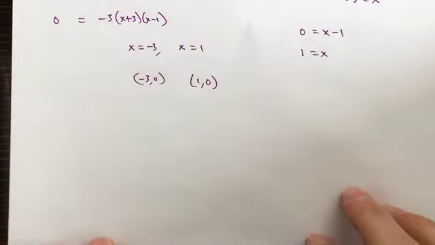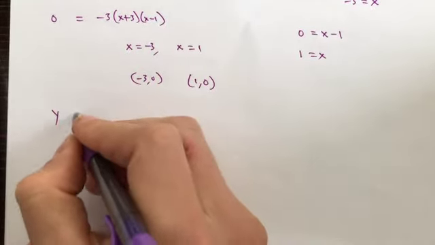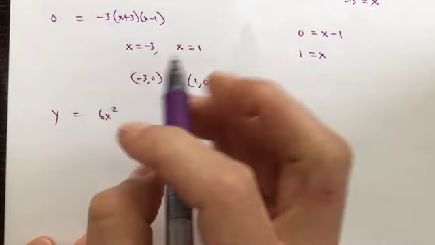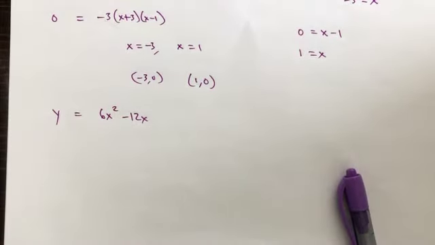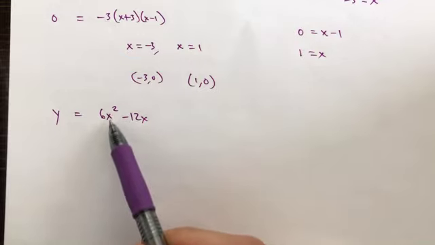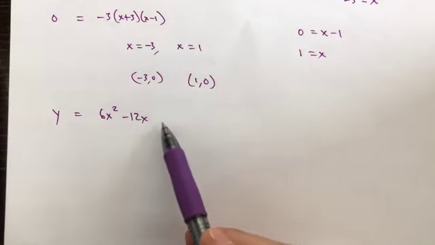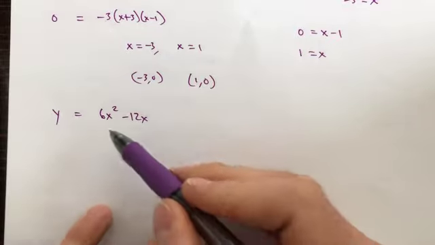Another type of problem that's similar that requires a little bit of thinking would be something like y equals 6x squared minus 12x. This is a quadratic expression as well, right? Because you have the x squared, but there's no c value, there's no constant, which actually is kind of nice.